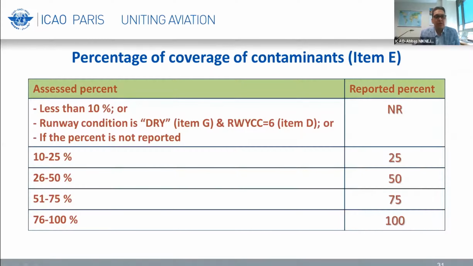If runway condition is dry, or on the other hand, runway condition code is 6 in item D, and also if there is nothing to report, you should put NR as item E. Also, if the contaminant covers runway between 10 to 25%, it would be reported 25. If it's 26 to 50%, it would be reported 50, and so on and so forth.